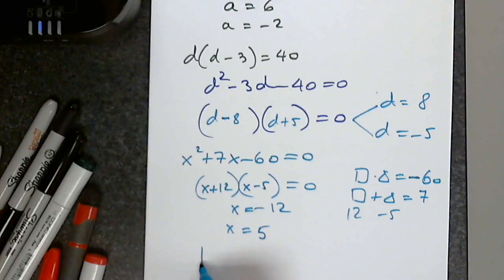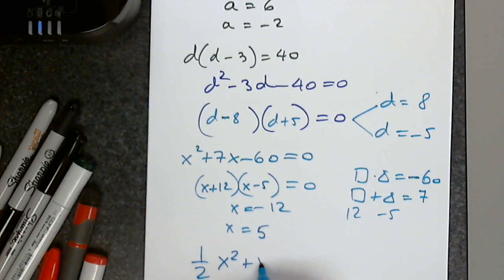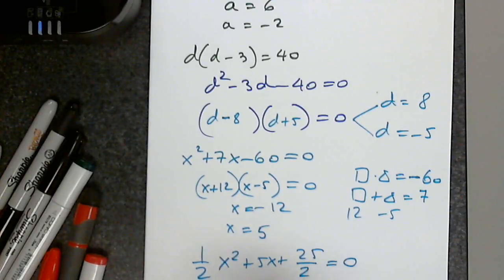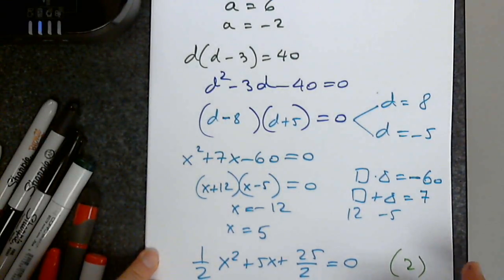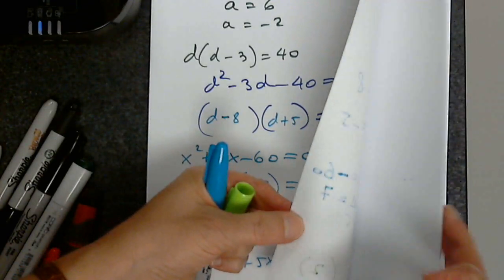Last one, 1/2 x squared plus 5x plus 25 divided by 2 equals 0. We're not afraid of this. Why? Because we can multiply both sides by, exactly. Good. So when we do that, what do we obtain?